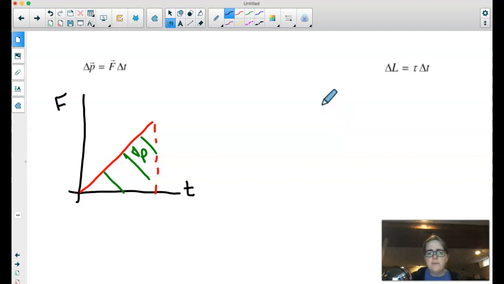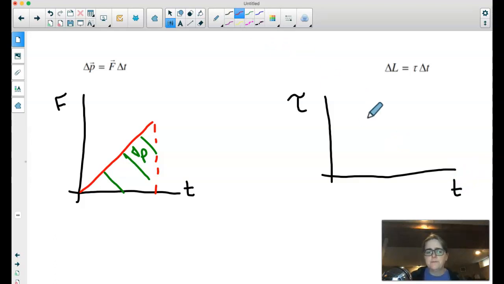It turns out something very, very similar works for angular momentum because we have this really similar equation. Instead of change in linear momentum equals force times time, we now have change in angular momentum equals torque times time, because torque plays a very, very similar role to angular motion as force does for linear motion.